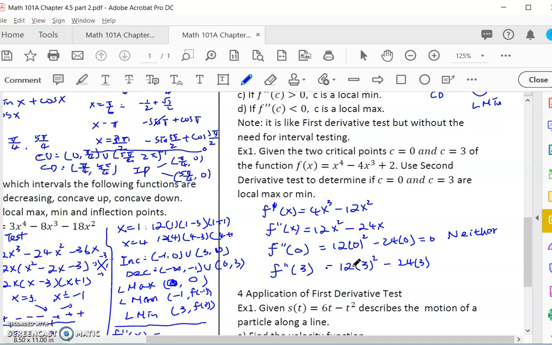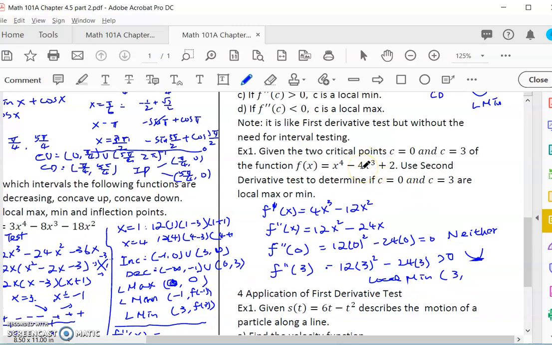I think it's positive. So it is positive. Positive is concave up. Concave up means this is a local min, because it's like here. So local min at 3 comma what? 3 comma the original function value.